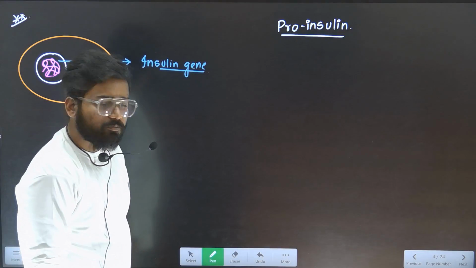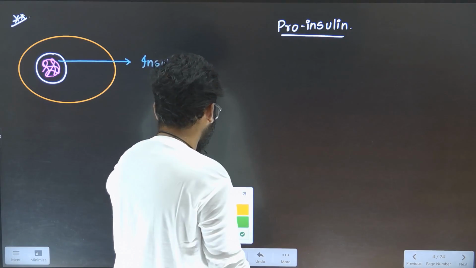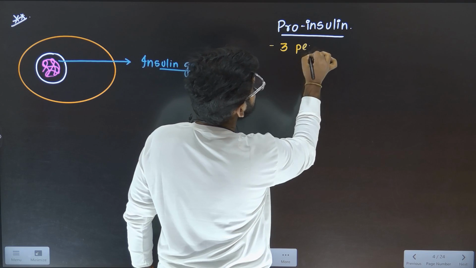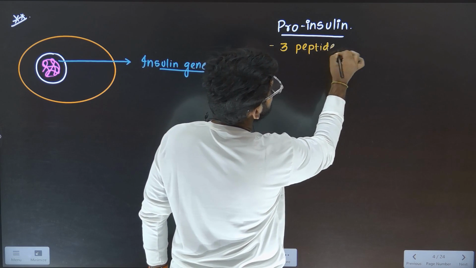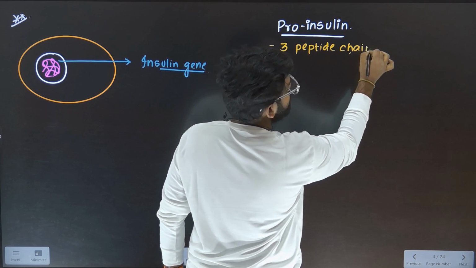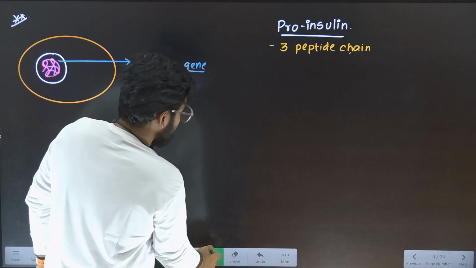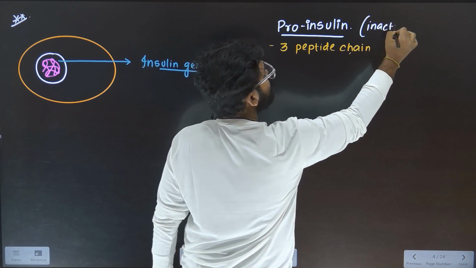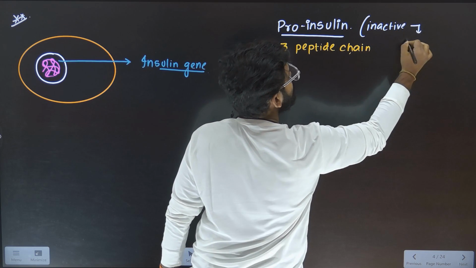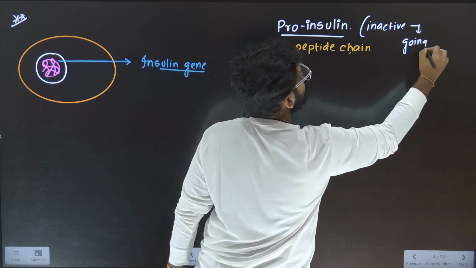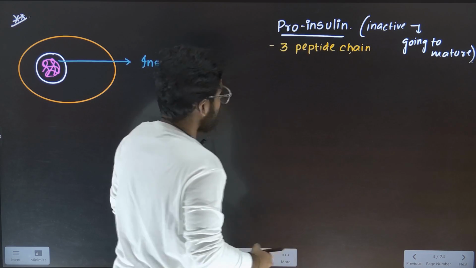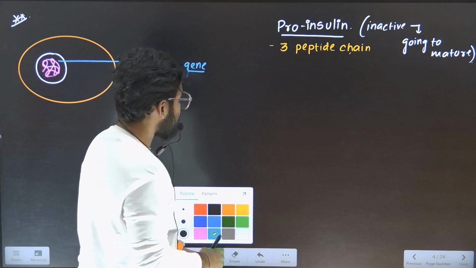Pro-insulin has 3 peptide chains, namely A, B and C. The term pro-insulin refers to the fact that it is inactive; it is not matured, it is going to mature. These 3 chains are known as A, B and C chain.